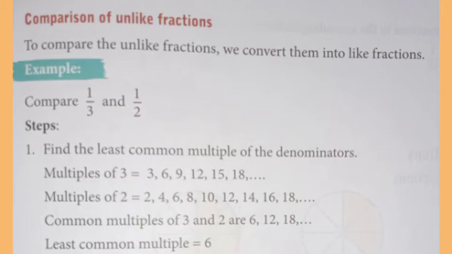Multiples of 3 are 3, 6, 9, 12, 15, 18 and so on. Multiples of 2 are 2, 4, 6, 8, 10, 12, 14, 16, 18 and so on. Common multiples of 3 and 2 are 6, 12, 18 and so on. Least common multiple is 6.